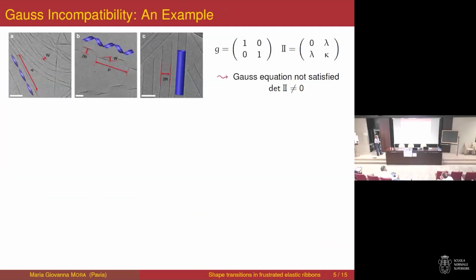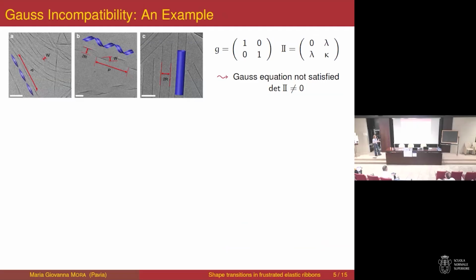So let me look at an example. Actually, this is the example we started from, the one of the macromolecules. In this example, there is a geometric incompatibility at the level of the Gauss equation. In fact, in this example, you can estimate the target metric and the target curvature. And what you have is that the target metric is simply the identity.